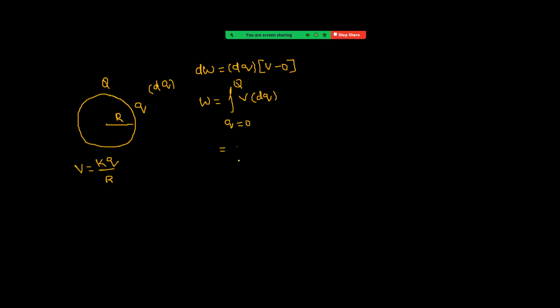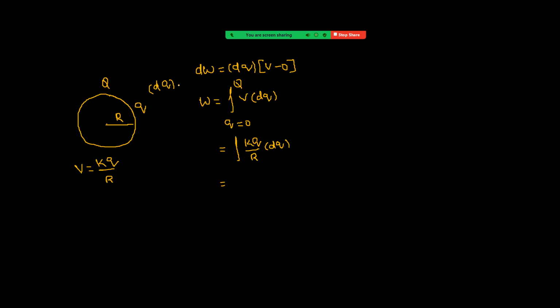Now substitute the value of V here. V value is KQ by R, where K stands for 1 by 4 pi epsilon naught, into dq. Why are we taking integration? Because when we bring dq from infinity up to here, work is done.